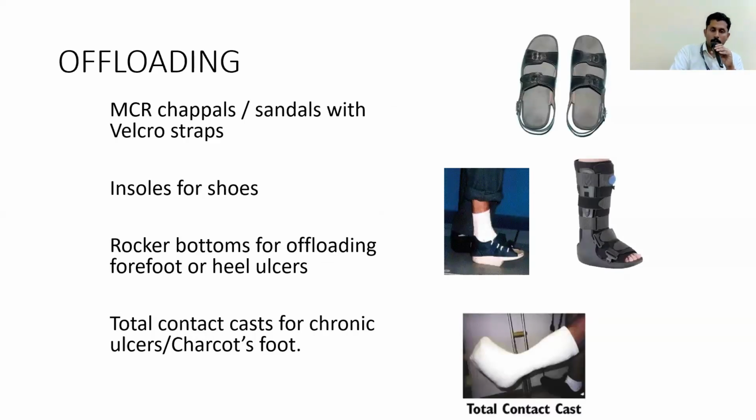Offloading has a very crucial role in diabetic foot ulcer, because the underlying pathology is not only vascular compromise. There will be autonomic neuropathy, which will cause different deformities, which will increase the pressure on the different pressure areas and cause ulceration.